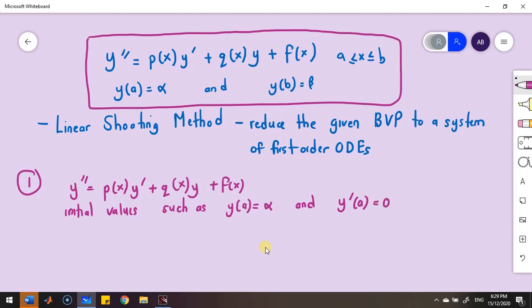And then I will get the solution. So the solution is y1(x), let's say.